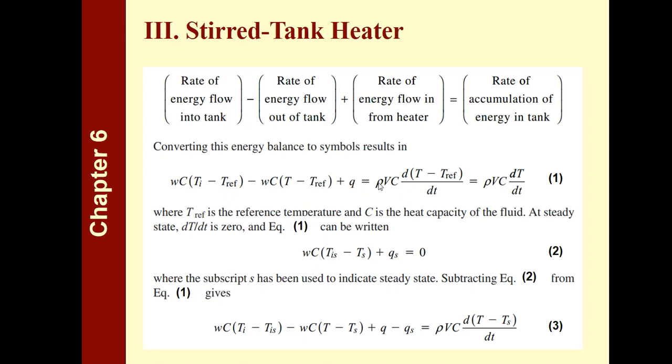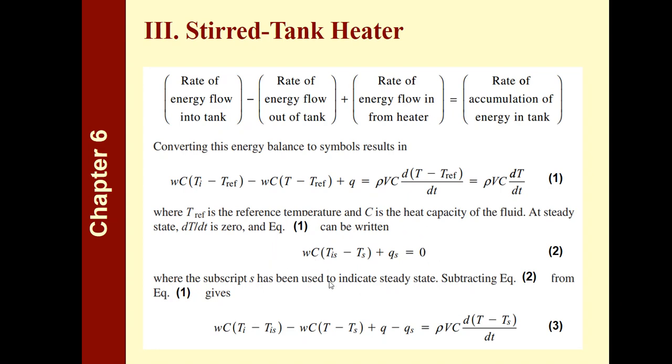If this equation 1, which is the energy balance from the worded energy balance, and the steady state energy balance that we have here as a guide, is evaluated at steady state condition, the right side here becomes 0, and this is combined with the T sub I S minus T S, and you have here the Q S. It can be written in this form.